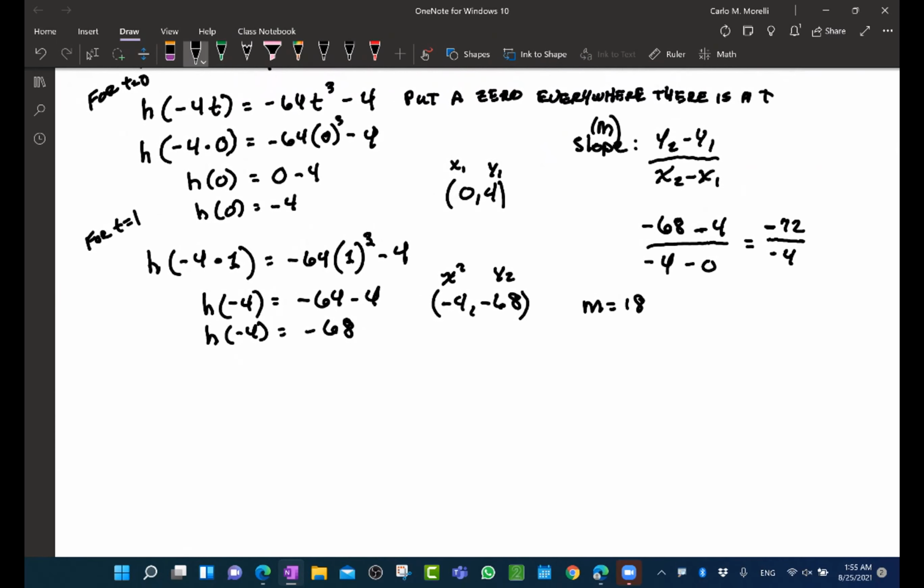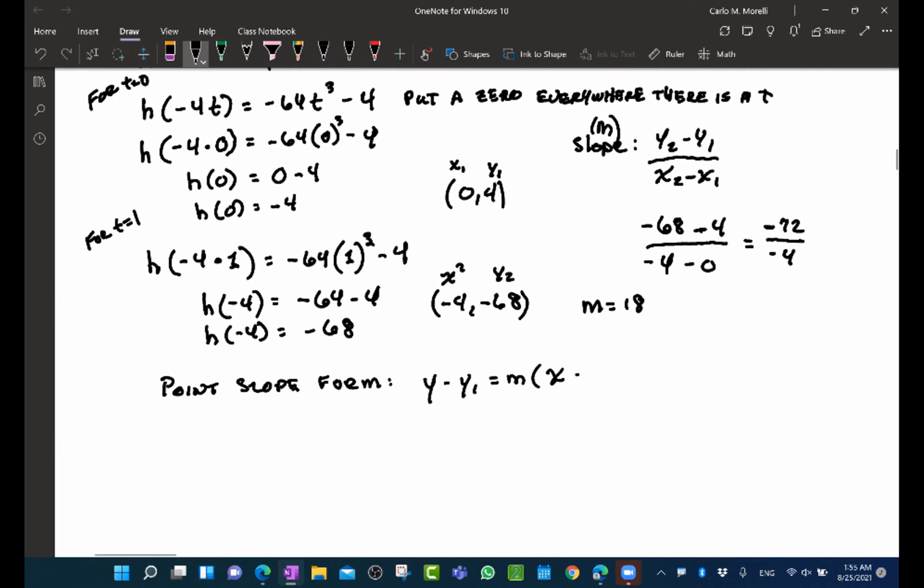Remember, the point slope form is y minus y1 equals m times the quantity x minus x1. We're just going to substitute in: y minus y1, which is 4, equals m, which is 18, times the quantity x minus x1, which is 0.